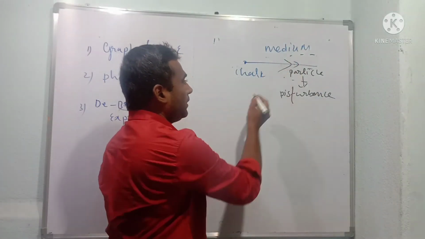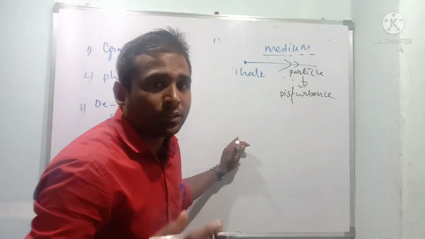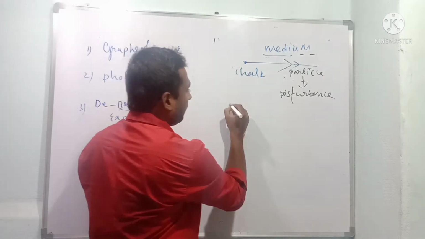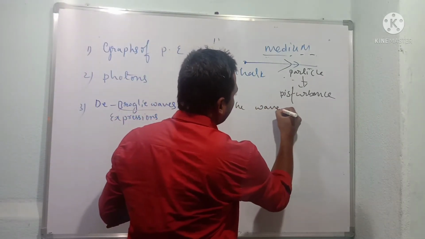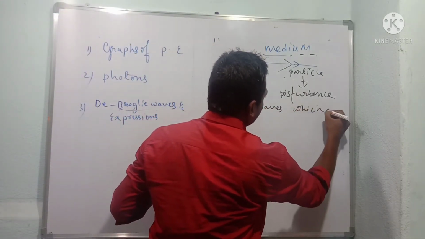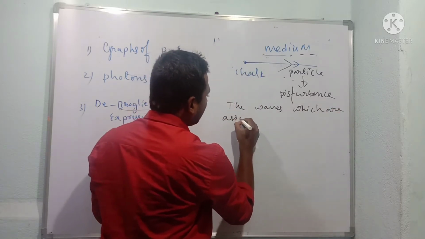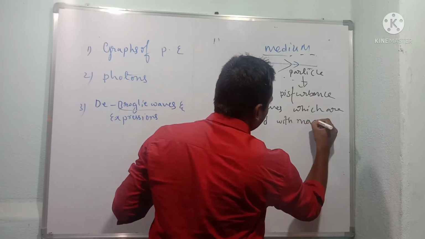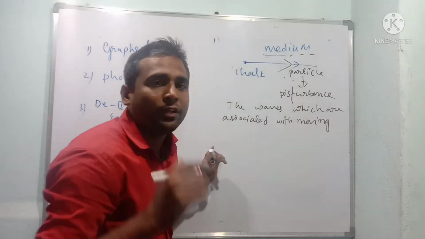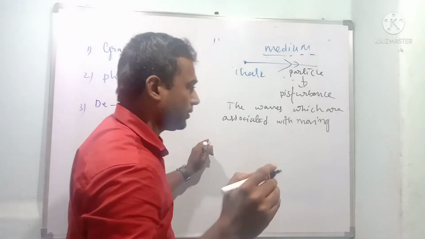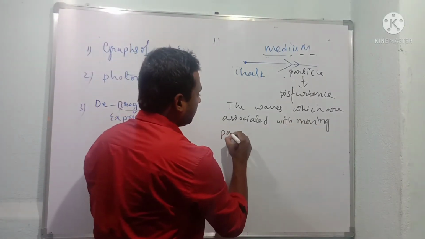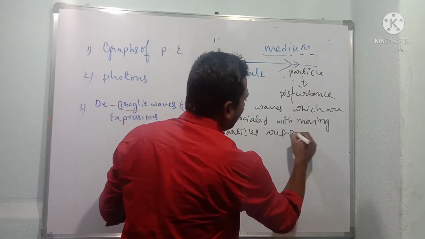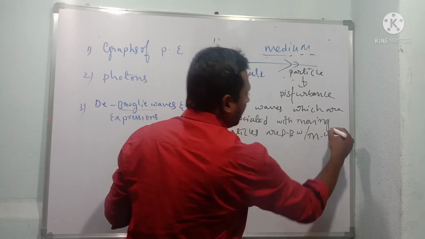So you can note down: the waves which are associated with moving particles are called matter waves, or we can call them de Broglie waves. For short, we can call them MW, matter waves.